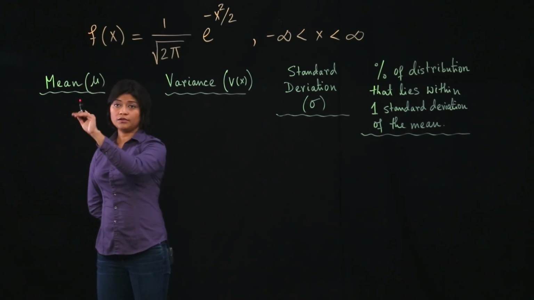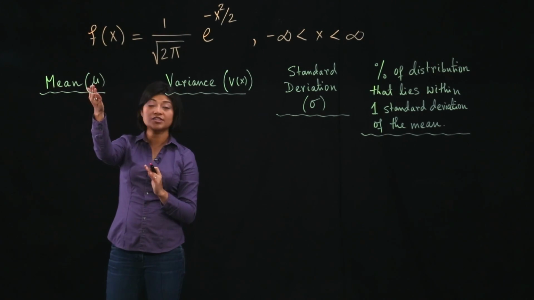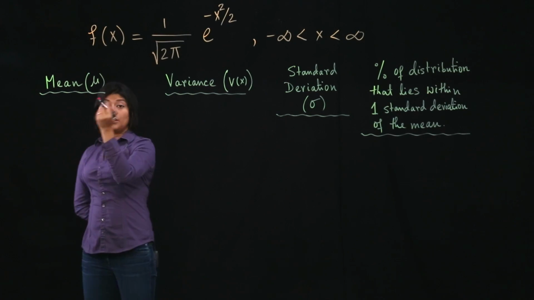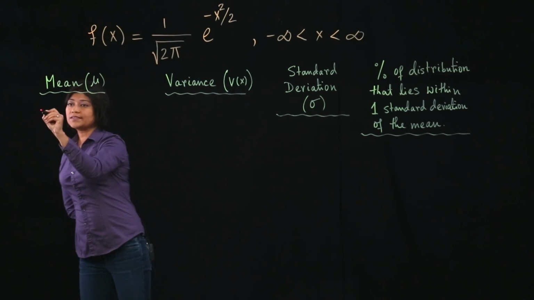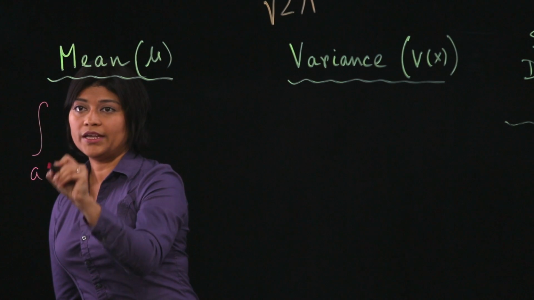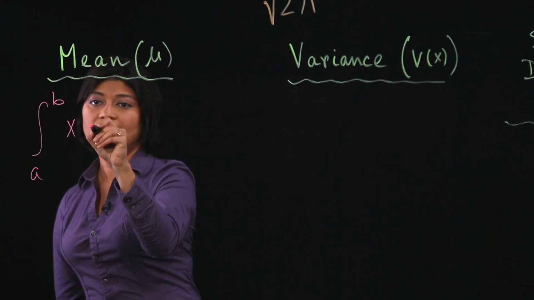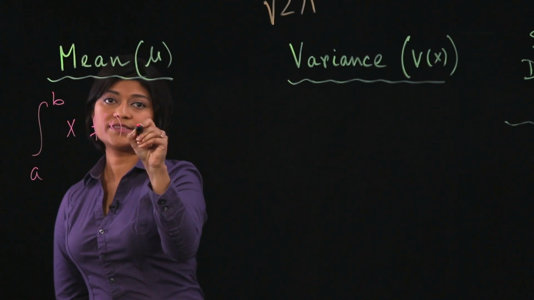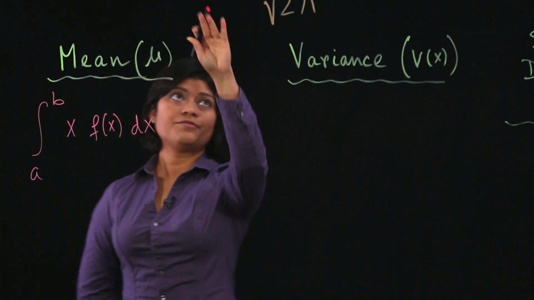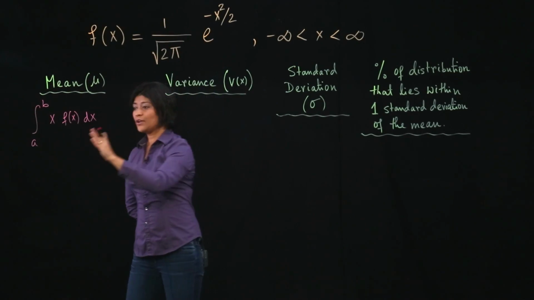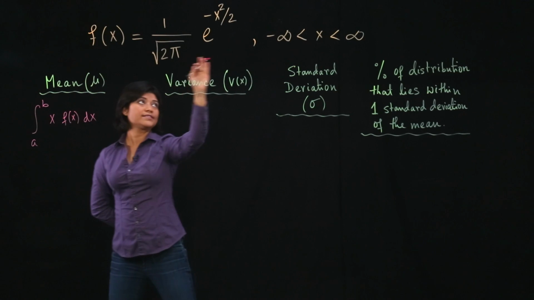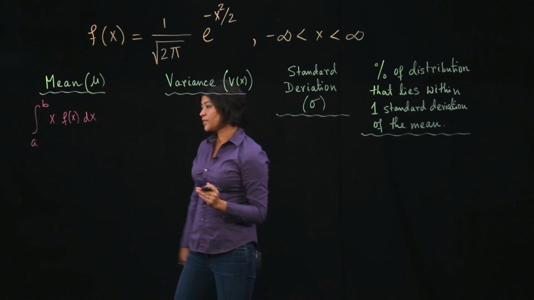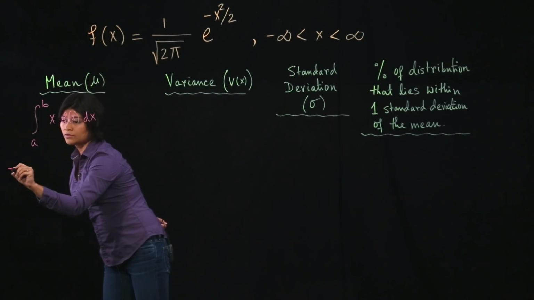Okay, so if you recall, mean, we usually use the symbol mu for it. So how do we compute mean? It's integral from a to b x times f of x dx, where f of x is the function that's given. And what is a and b? That's the interval. Okay, so let's set it up.